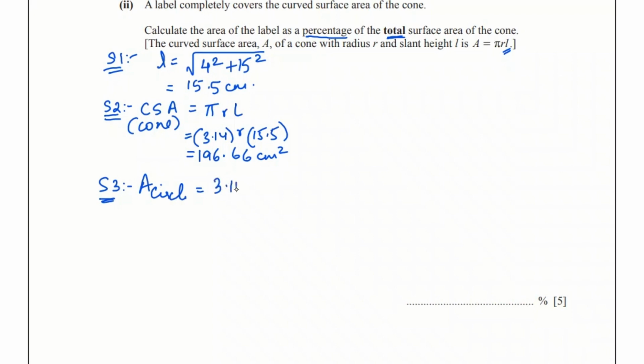That is 4 square, which gives me 16. 16 into 3.14 is 50.25.